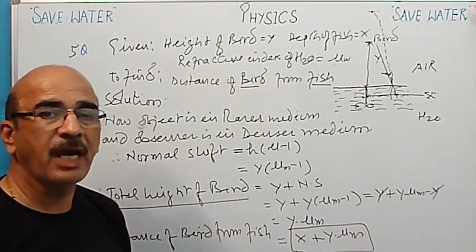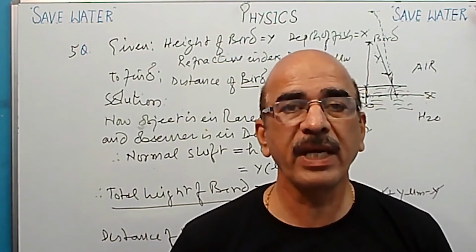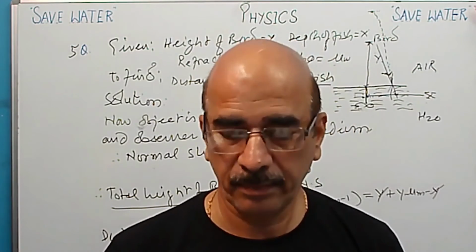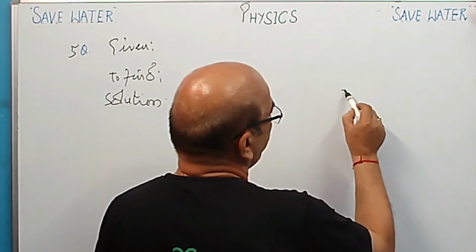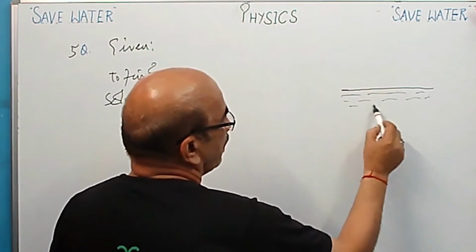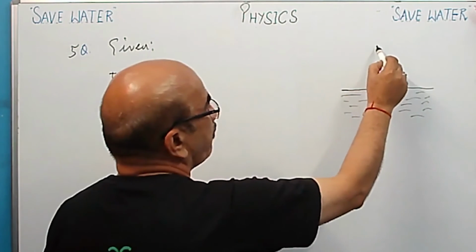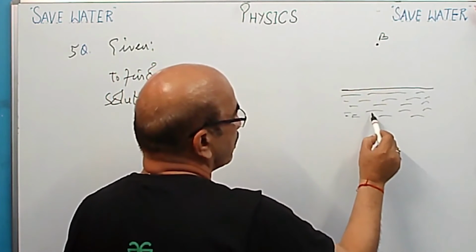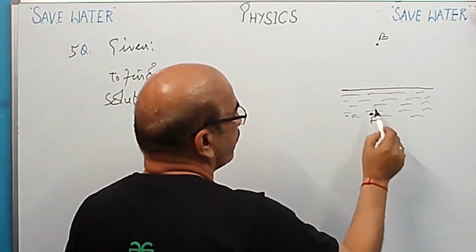Yes, done. So this will help you to solve many numericals. Now we are going to solve one numerical based on this. Now write the question. The question is this: there is a pond, again the same case. This is the pond here, and a bird is flying here. This is the bird, and here is a fish inside.